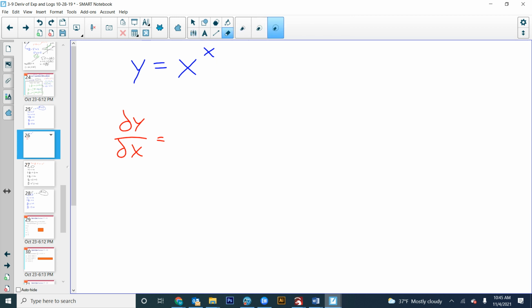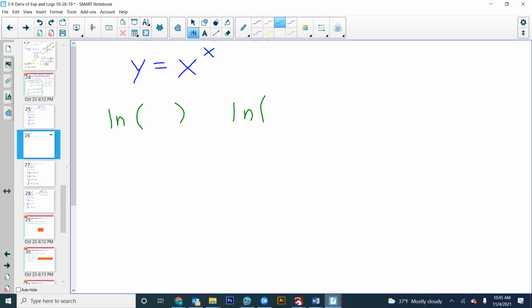I don't know the rule. What should I do to both sides? ln. Because ln's get terms out of the exponent, right?